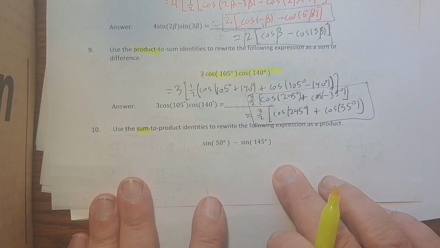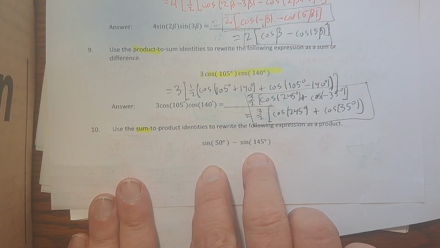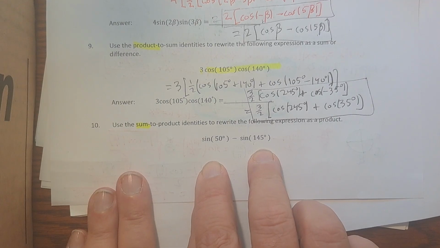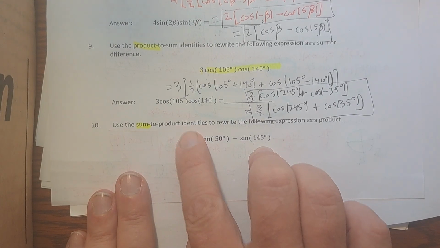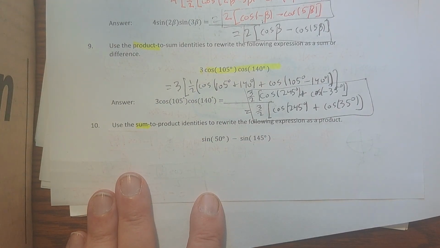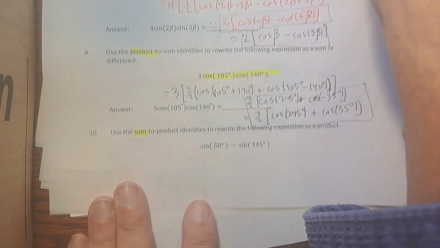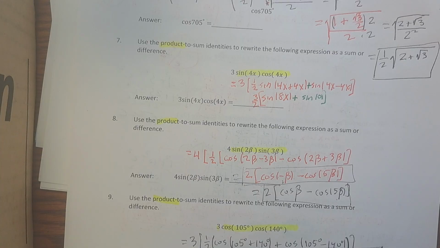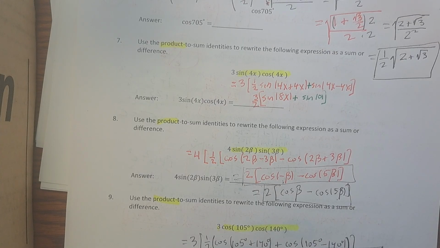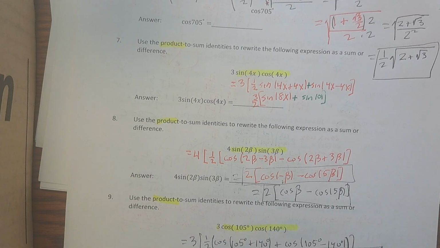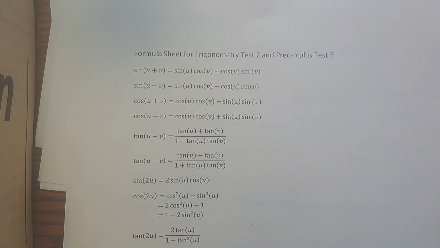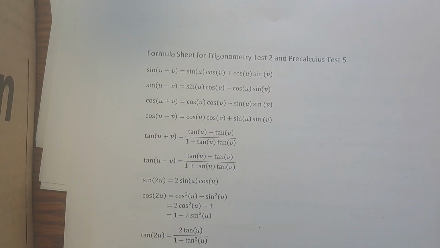Okay, so we look for ones on the formula sheet where there's a difference between two sine functions, but it can be written as a product. All right, so we go to our sheet looking for a difference of sines. So let's see, difference of sines.